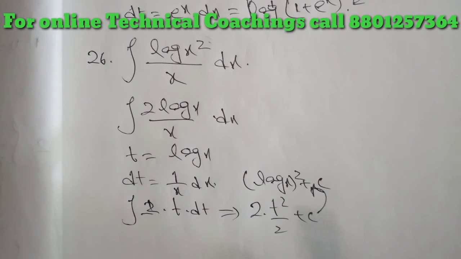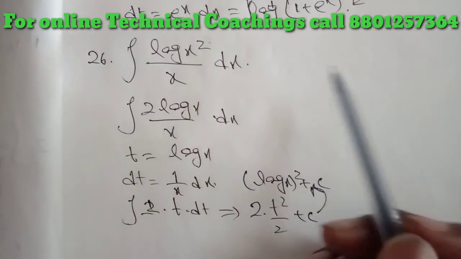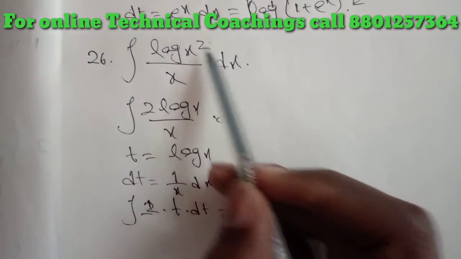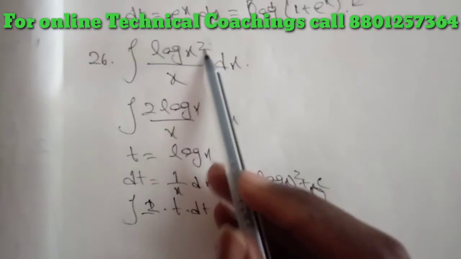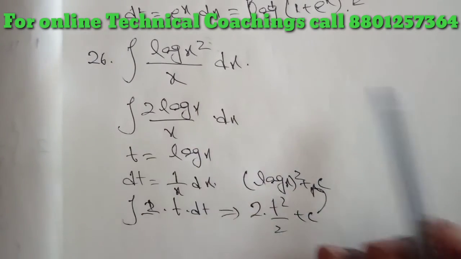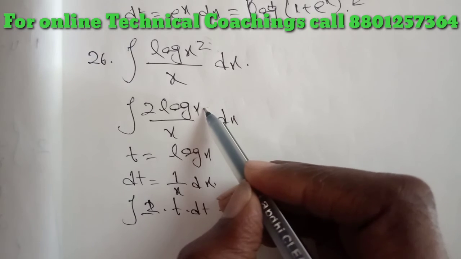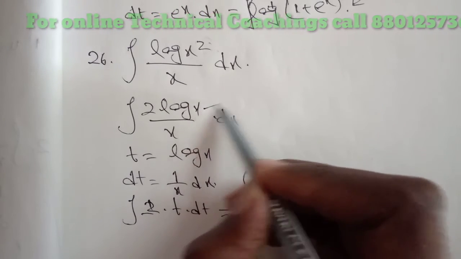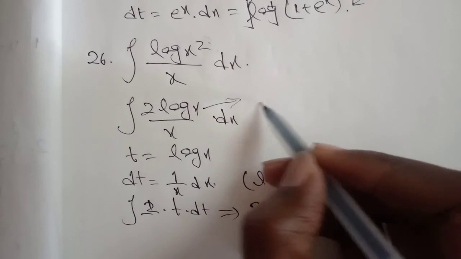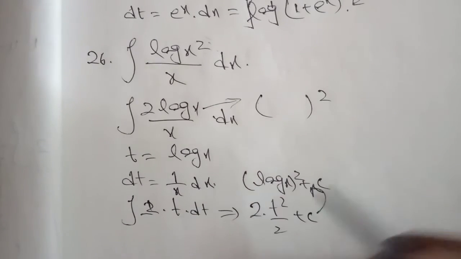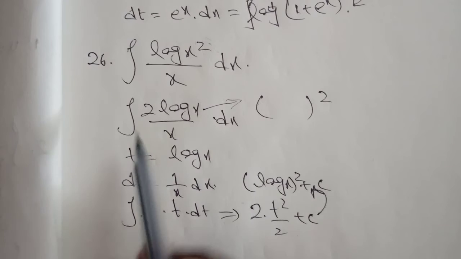So this is a somewhat lengthy problem. The short trick here is, ultimately we have to shift the power into the front side. In order to do the calculation, whenever a log term comes across in the numerator, we can directly write it in terms of square. Why?